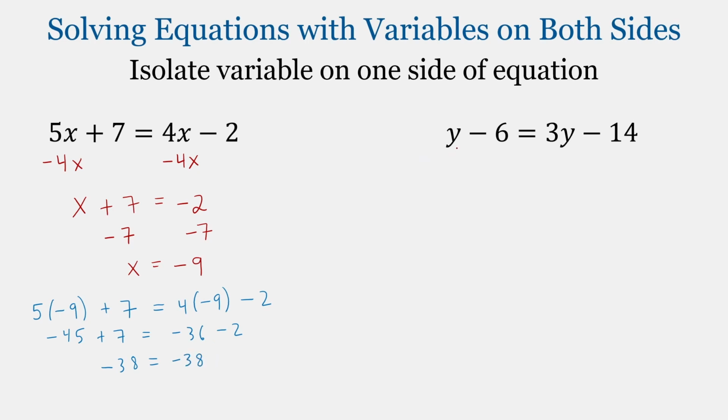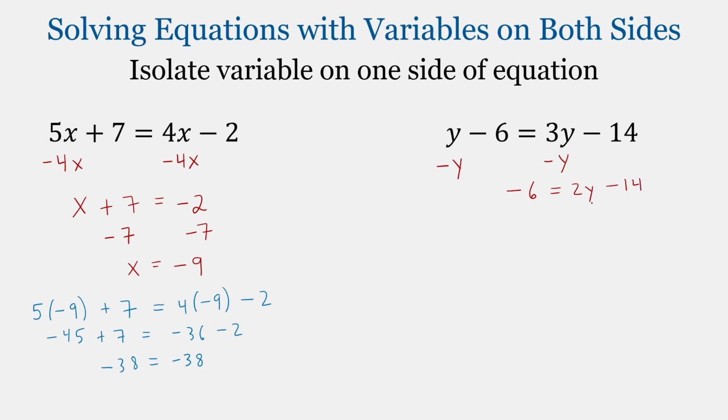With this second problem, we have y minus 6 equal to 3y minus 14. For this problem, I will subtract y from both sides of the equation. Y minus y is 0, so we have negative 6 equal to 2y minus 14.